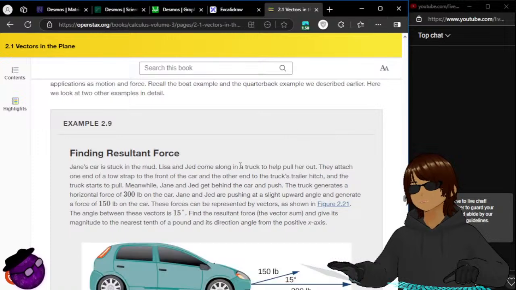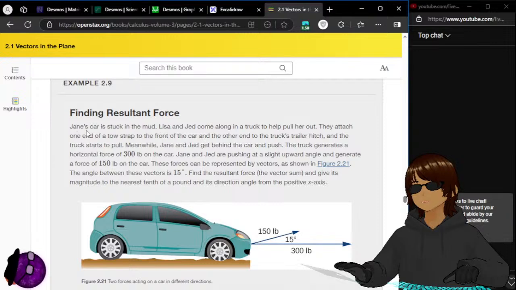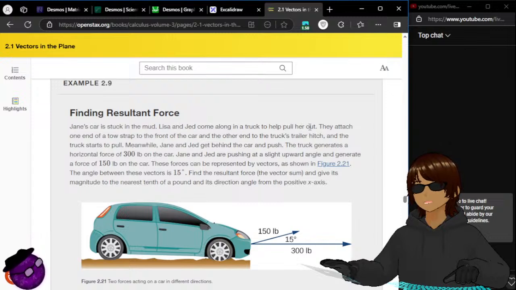Application of vectors. Finding resultant force. Jane's car is stuck in the mud. Lisa and Jet come along in a truck to help pull her out. They attach one end of the tow strap to the front of the car, and the other end to the truck's trailer hitch.